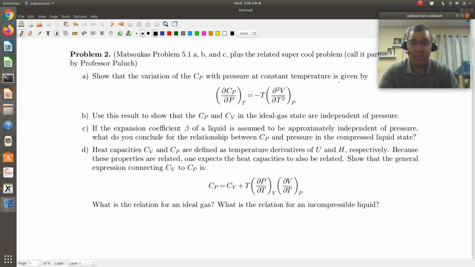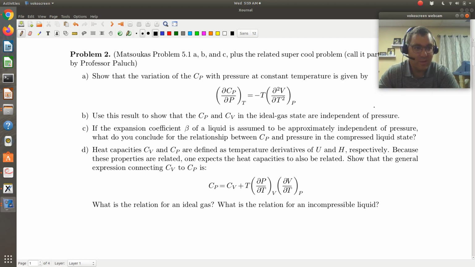Okay, so without further ado, in part A, we start off by being asked to show that the variation of Cp with pressure at constant temperature is given by this differential. So show that dCp/dP at constant T is equal to negative T d²V/dT² at constant P. Alright, this sounds fun, right?